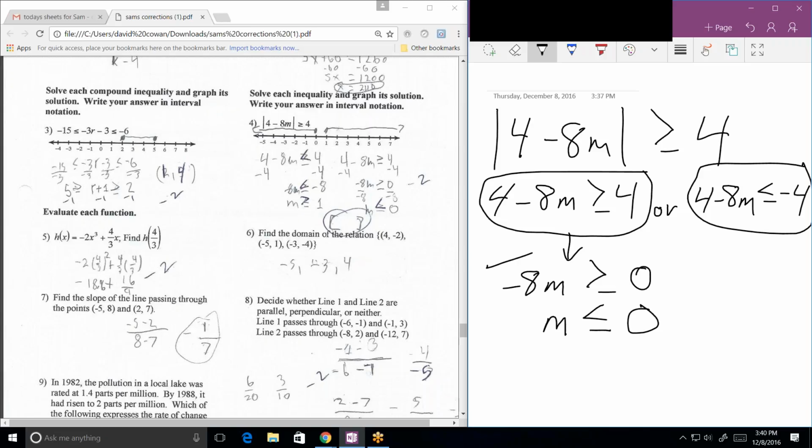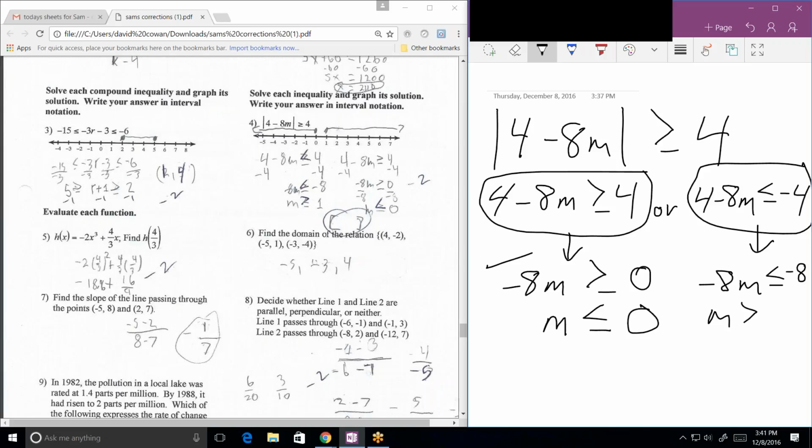Okay? So now doing this one over here on the right, what do you get? You get 1 equals m. Well, if I subtract 4 from both sides, I'm left with minus 8 over there instead of 0. So m is greater than or equal to 1.